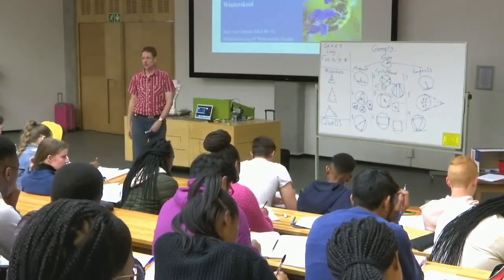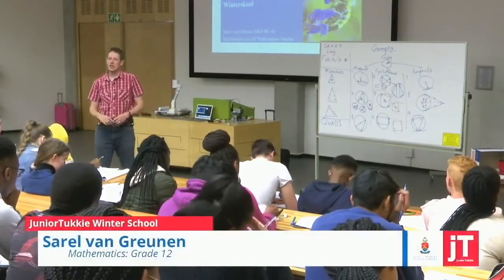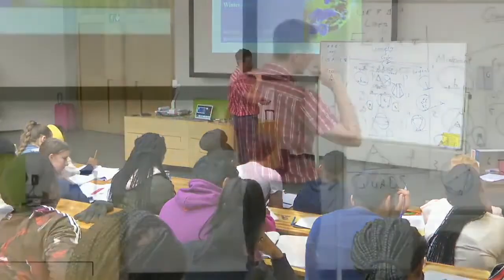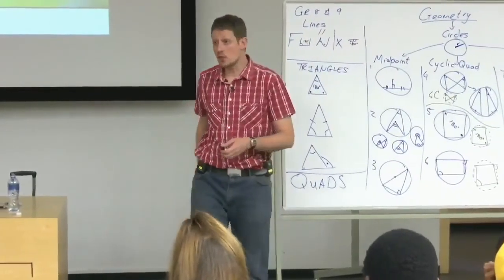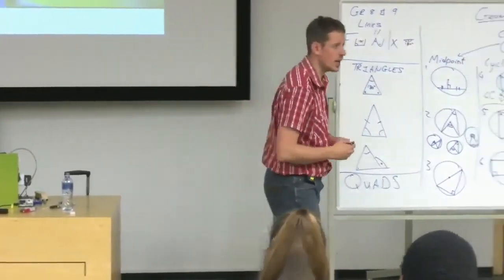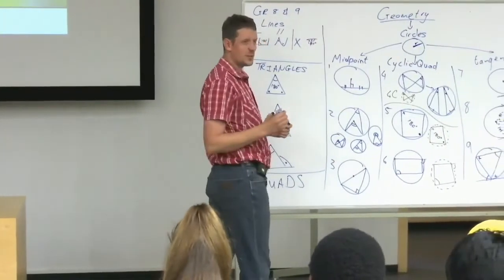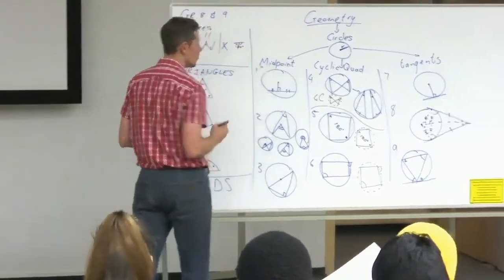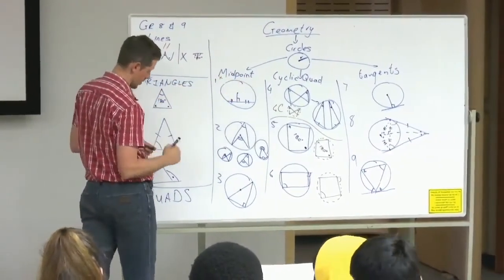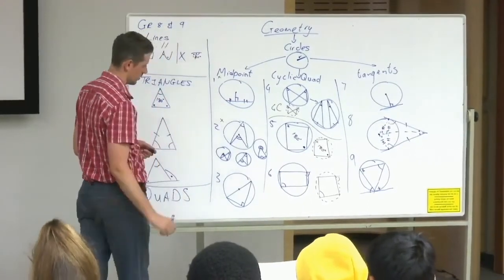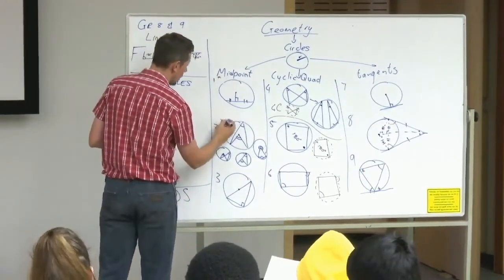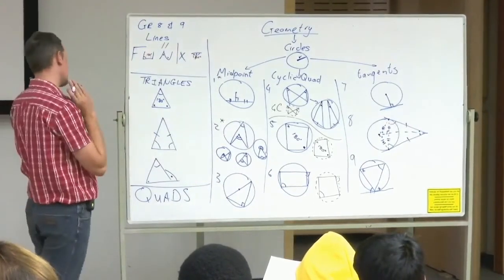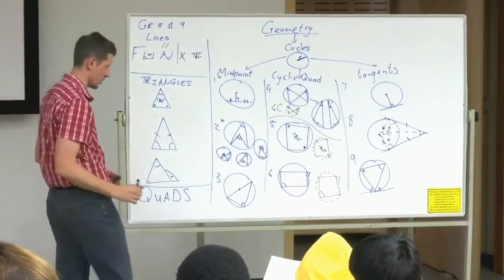And that, ladies and gents, is all your grade 11 geometry, except now for quads and congruency on one board. Now I'm going to quickly, for those of you pressed for time when you study for exams, highlight a few that you have to know the proofs of. You've got to know theorem 1 and its converse. Theorem 2. So all the ones with stars, you have to know their theorems.